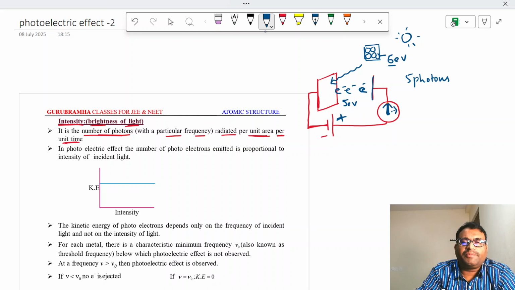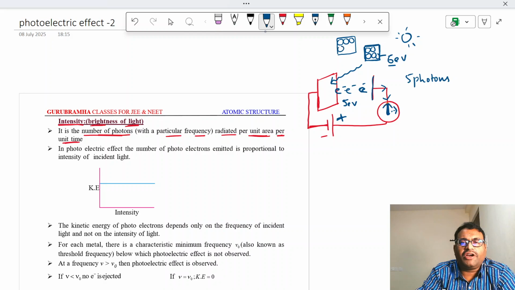So in this particular area, 5 photons are there. These 5 photons' energy is absorbed by 5 electrons, and these 5 electrons come out. So these 5 electrons are moving in the circuit, and due to these 5 electrons, there will be some electricity generated.